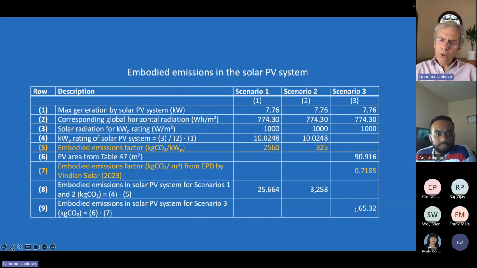But I also found an environmental product declaration for a particular PV system, and that was in kilograms of CO2 per square meter, and that is much lower, and I will use that as a third scenario.